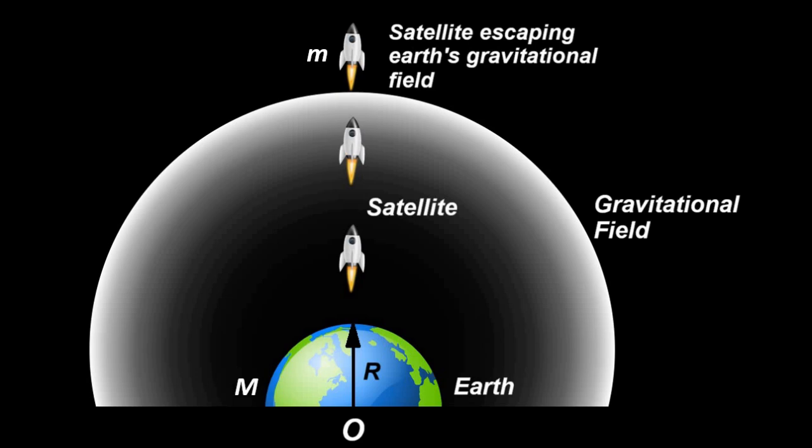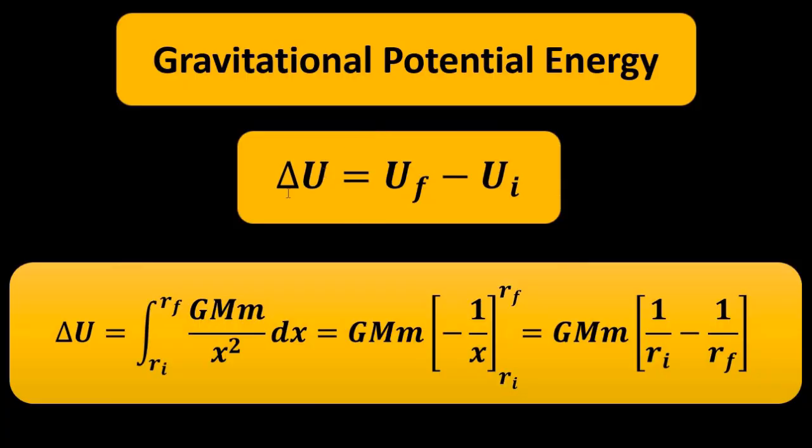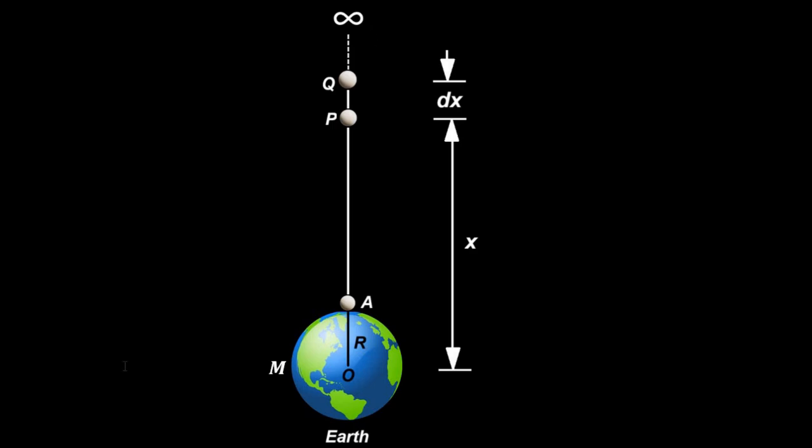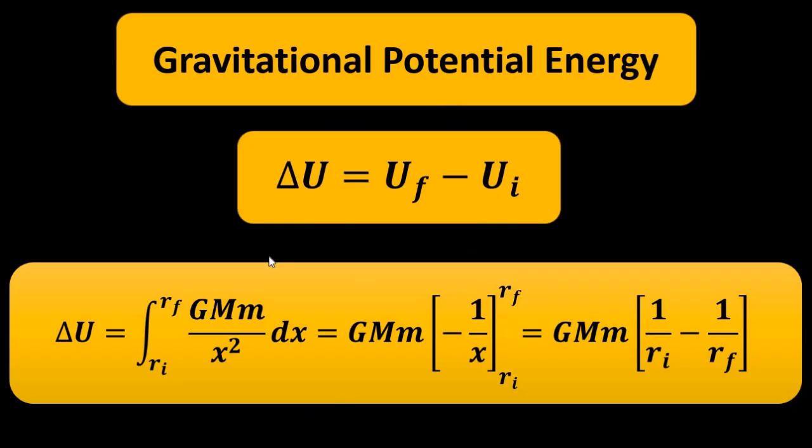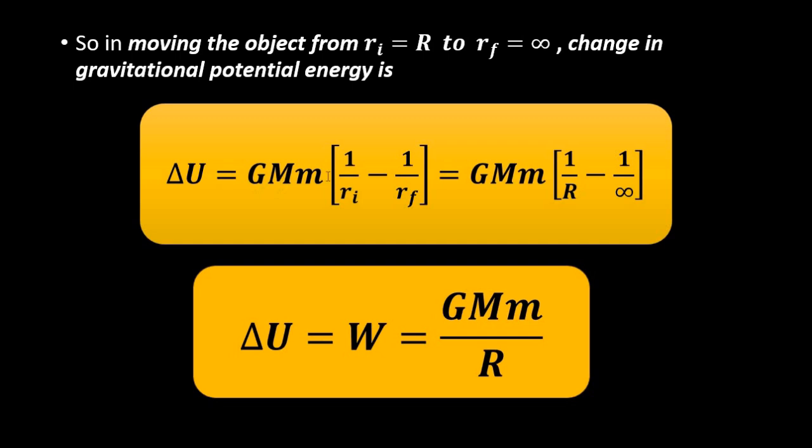Okay, so in terms of the gravitational potential energy concept also, work done is change in potential energy. Gravitational potential energy of the final point minus gravitational potential energy of the initial point. So if we use that concept also, it will be equal to GMm (1/Ri minus 1/Rf).